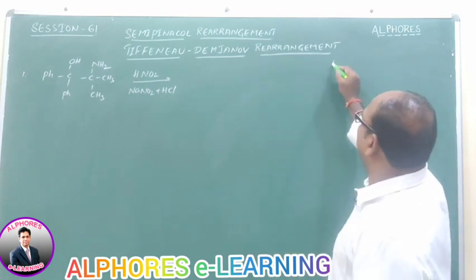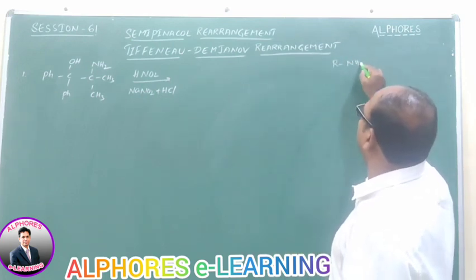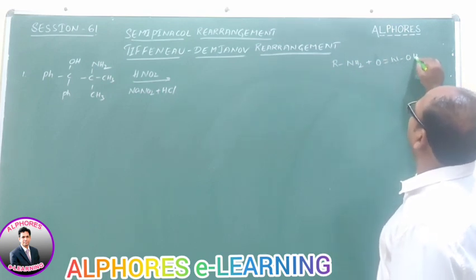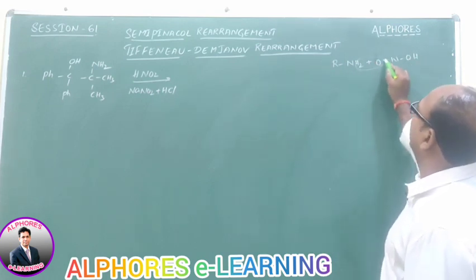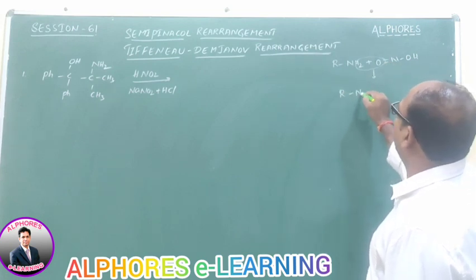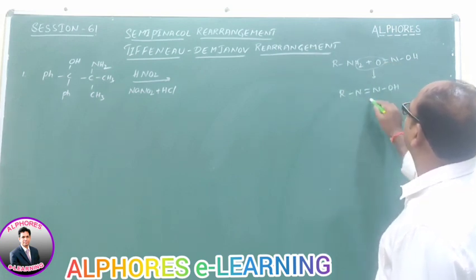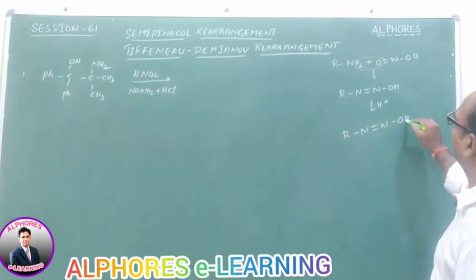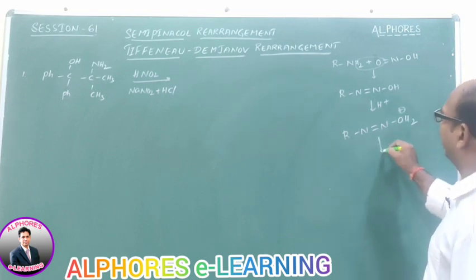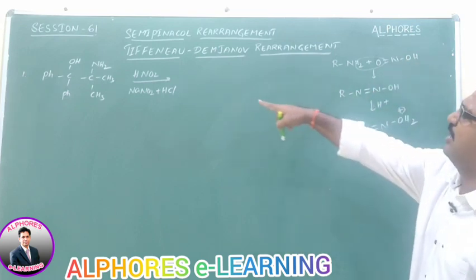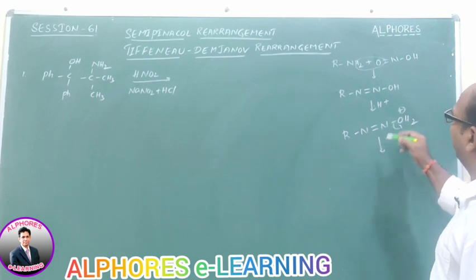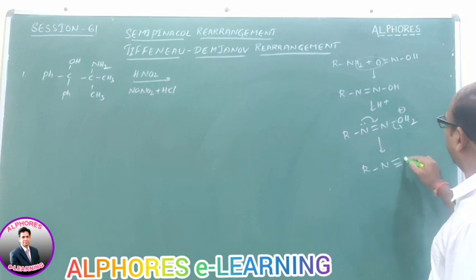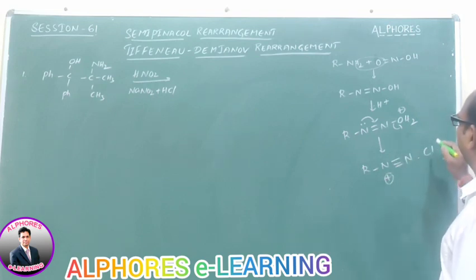Now I am going to explain the mechanism here. RNH2 reacts with HNO2, which is O=N-OH. Condensation takes place, giving R-N=N-OH. On further acidification we get R-N=N-OH2+, and when water leaves, the nitrogen gives its electron pair and we get R-N≡N+ Cl-.